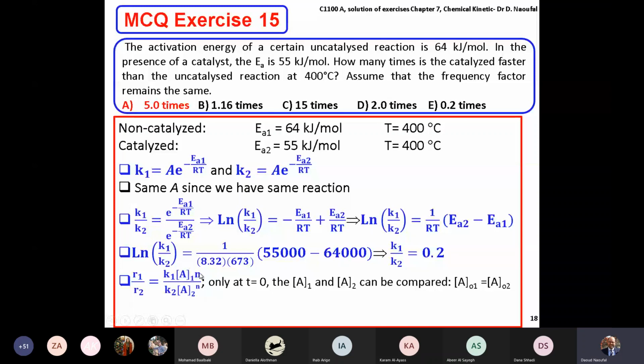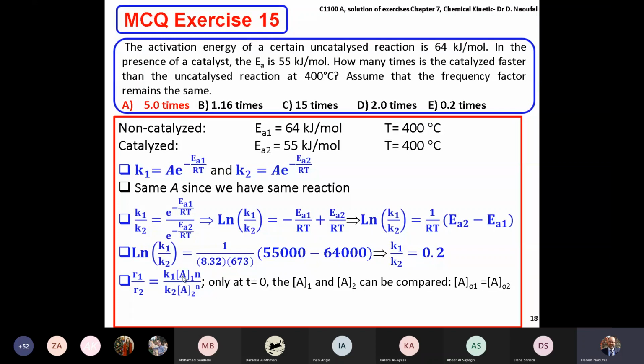So if we suppose in this problem that the initial concentrations we start with in the catalyzed and the non-catalyzed are the same, we can cancel A1 to the n divided by A2 to the n. At t equals 0, these concentrations are equal.